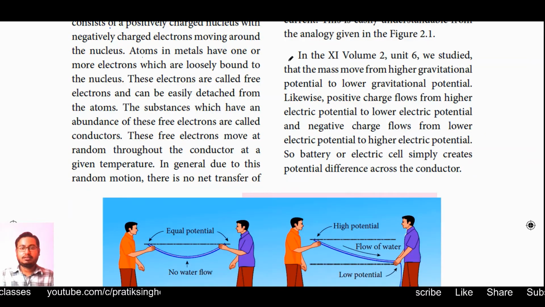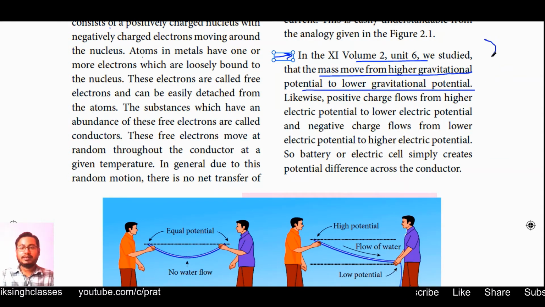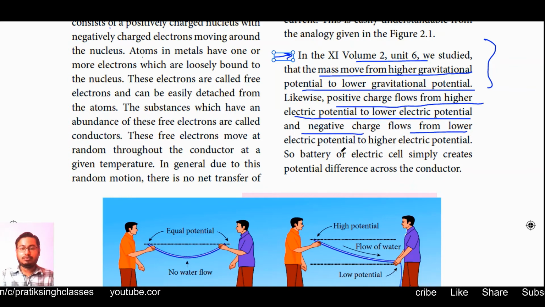Okay, fine. In the previous class, in class 11th, volume 2, unit 6, we studied that mass moves from higher gravitational potential to lower gravitational potential, in the chapter on gravity. Likewise, positive charges flow from higher electric potential to lower potential, and negative charges vice versa, that is, from lower electric potential to higher electric potential.